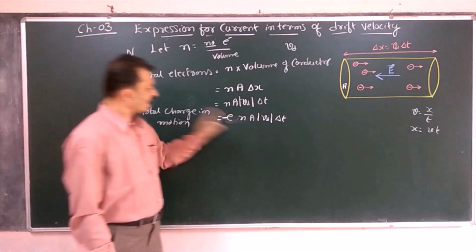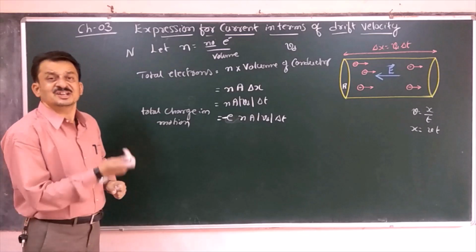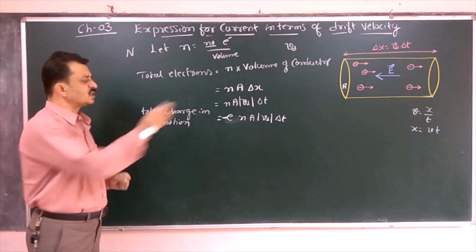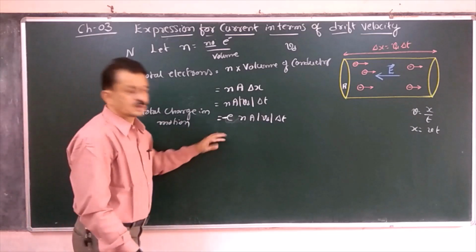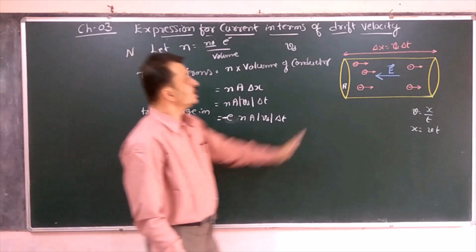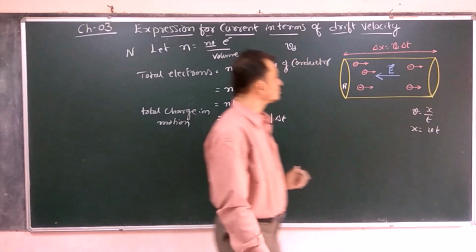Since the charge is negative, what is the direction of the conventional current? It is always in the opposite direction to the flow of electrons. Look here, electrons are moving from left to right.